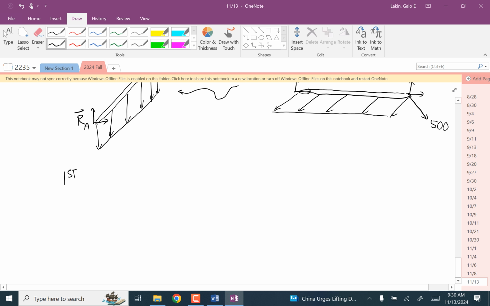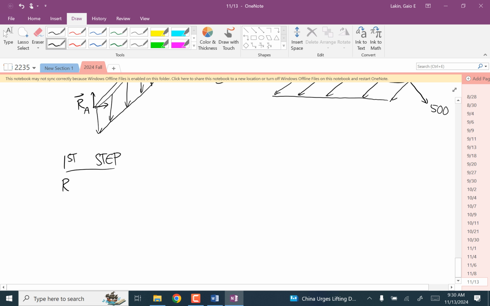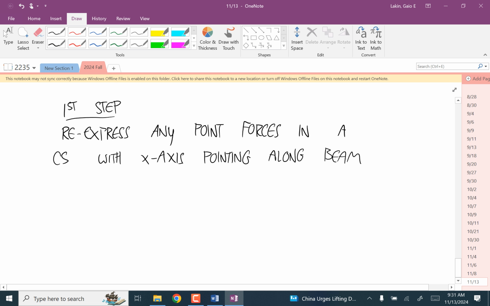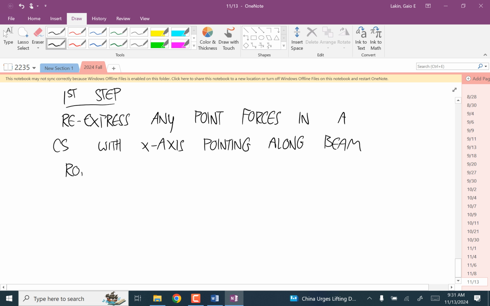First, we're going to re-express any point forces in a coordinate system with the x-axis pointing along the beam. And we're going to do this with rotation matrices.